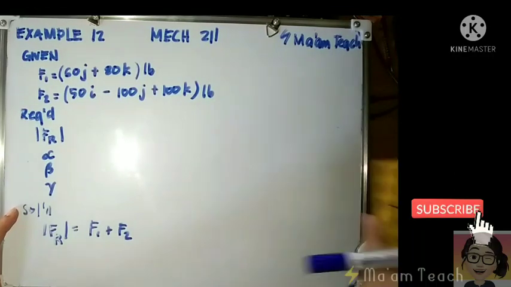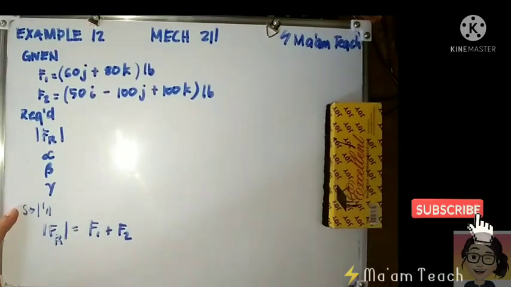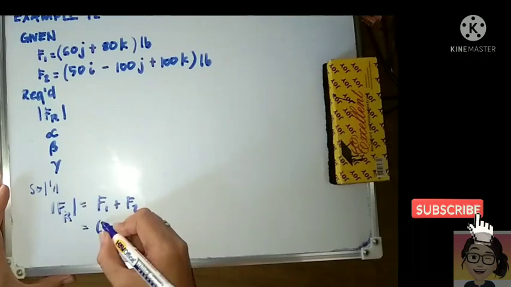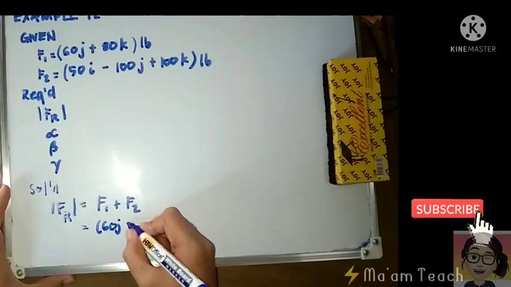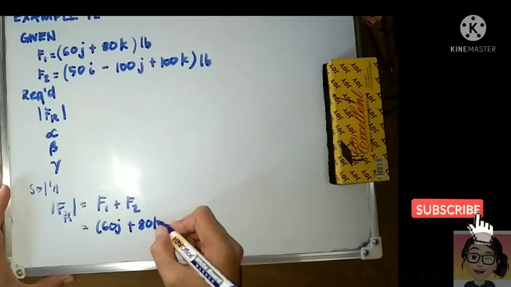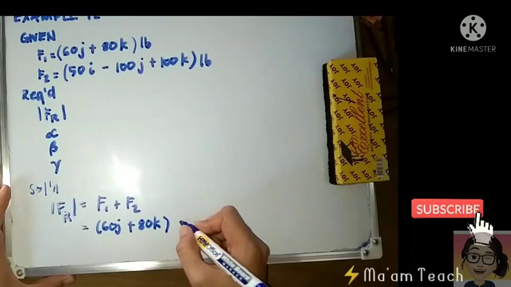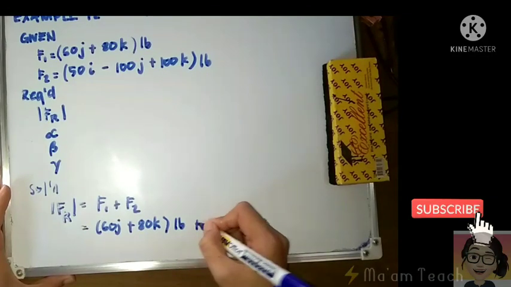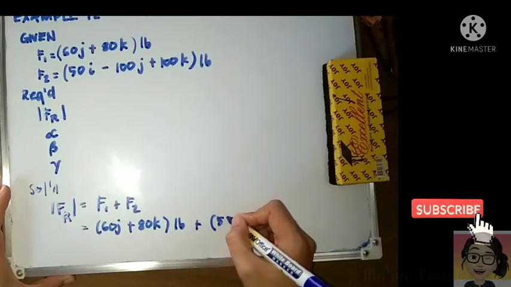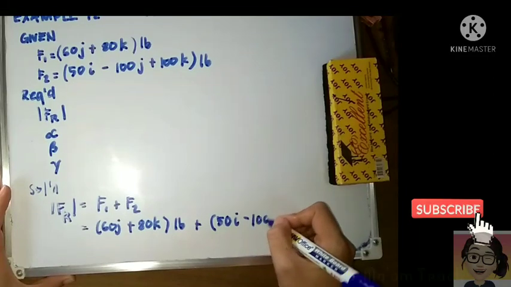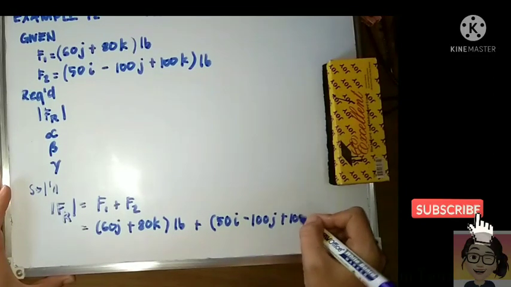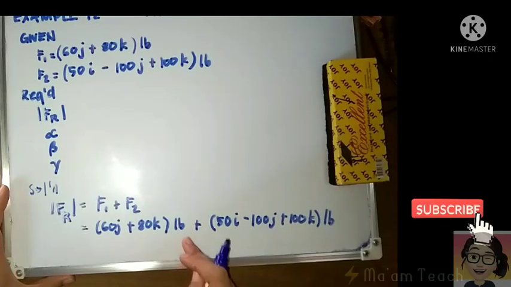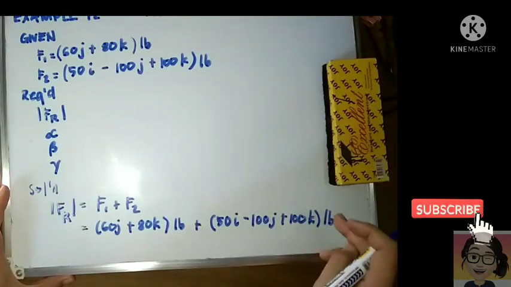Substituting for our F sub 1, we have 60j plus 80k, plus your F sub 2, which is 50i minus 100j plus 100k. It's easy for us to solve because both of them have the same unit.